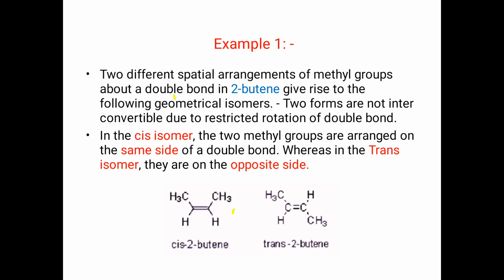When two groups or atoms are arranged on the same side, it is cis. On opposite sides, it is known as the trans isomer. In trans-2-butene, the two methyl groups are on opposite sides. But in cis-2-butene, the two methyl groups are on the same side. These are examples of geometrical isomers.